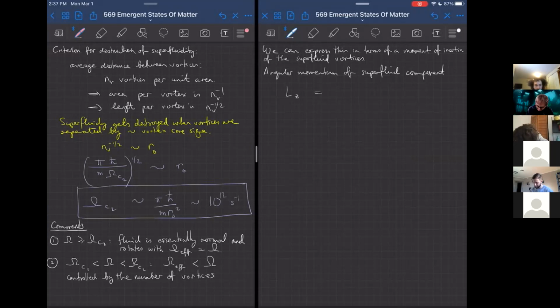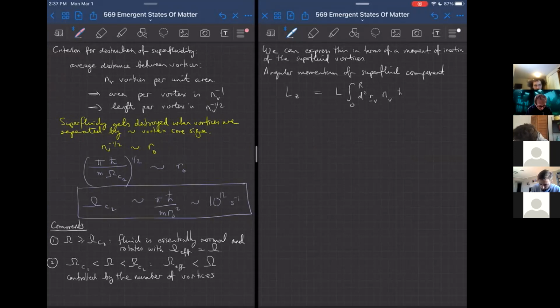So there's an L here, which is the height of the bucket. Integrate to a radius r over the cross-sectional area, summing over all the vortices. The number of vortices per unit area is NV.